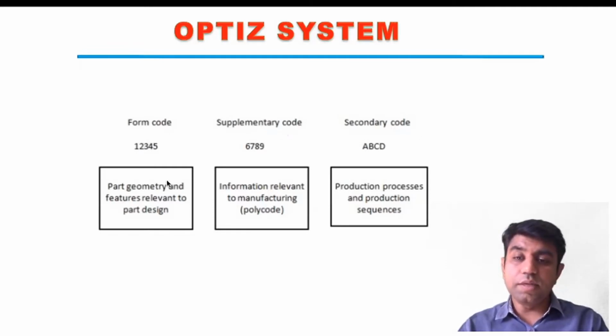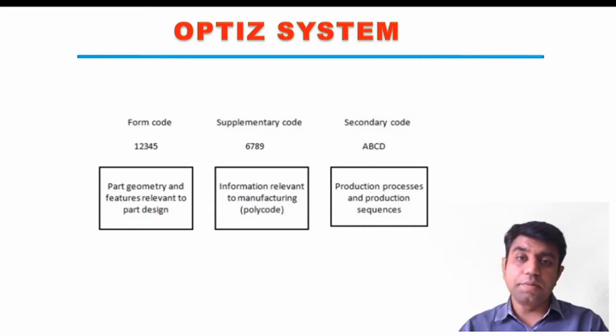What we mean by the form code is that it gives the idea about the part geometry and features which are relevant to the part design. The supplementary code gives the information relevant to the manufacturing type, and the secondary code gives the production processes and the production sequence, right?